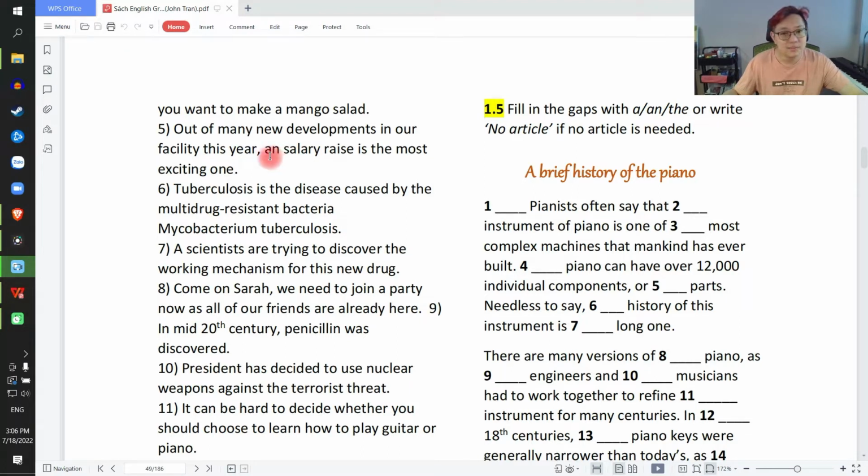So before a noun that starts with a consonant, you have to use a. Because a salary raise is actually one of the many developments that we talk about. It belongs to a group, right? One of the many.